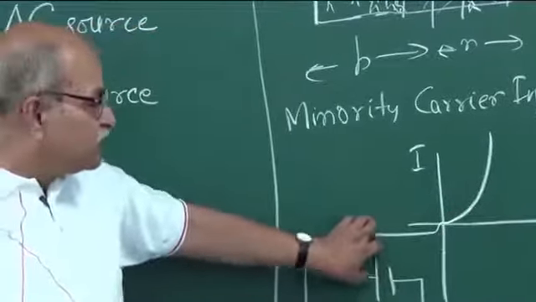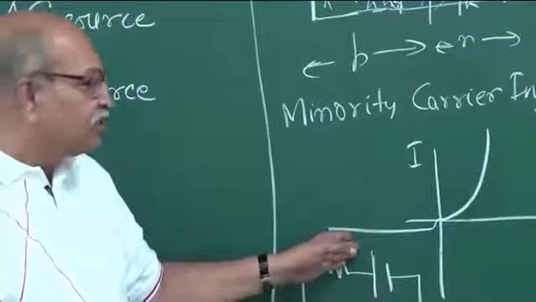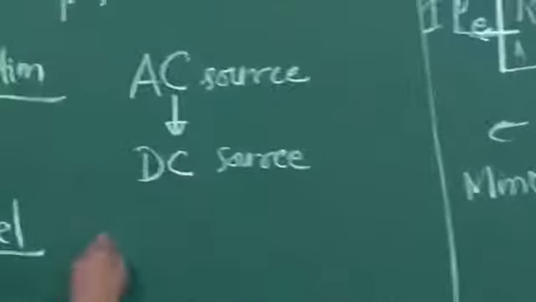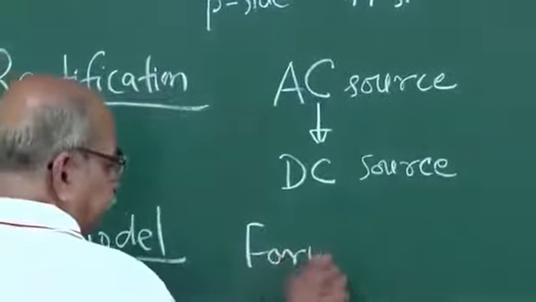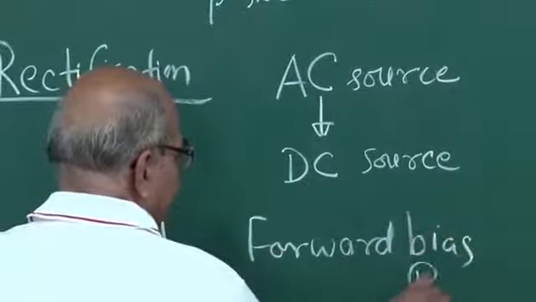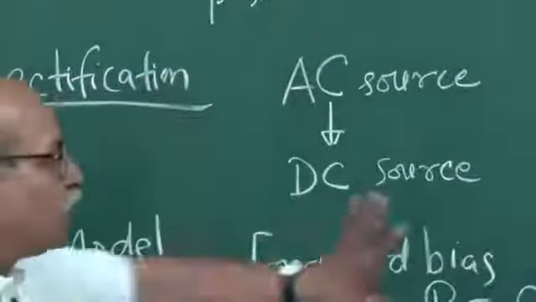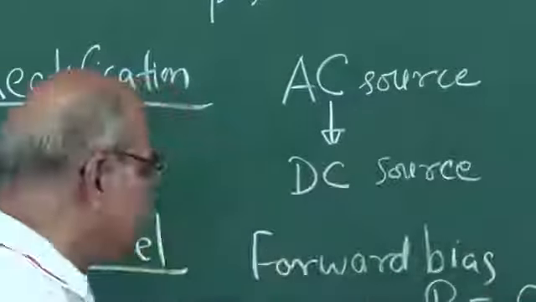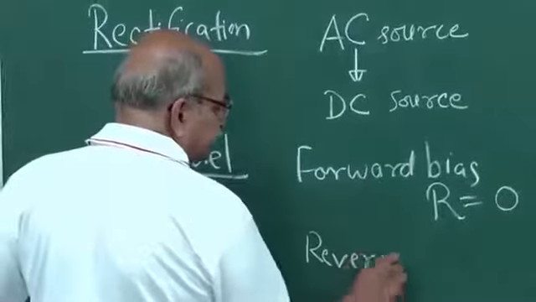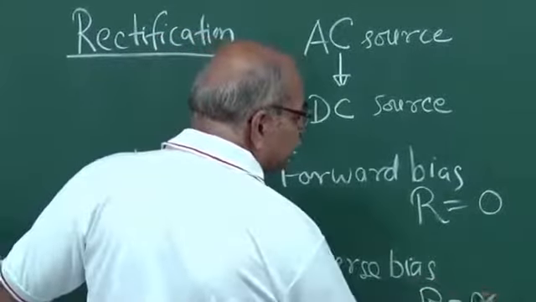Whereas in reverse, you apply so much of voltage and you don't get significant current, so the resistance is very high, and I'll approximate this as in forward bias. We will assume that resistance offered by the diode is negligible, whereas in reverse bias, resistance offered is very high.